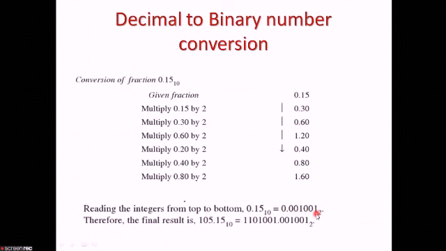So the final result of the mixed number, 105.15 to the base 10, is 1101001.001001 to the base 2, where the base 2 is given because it is a binary number conversion. It is the conversion of a decimal number to a binary number.